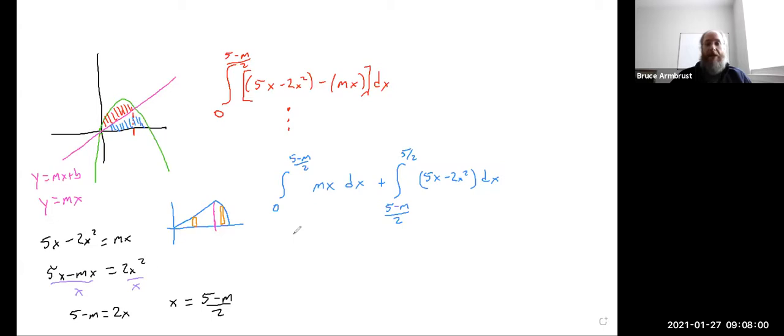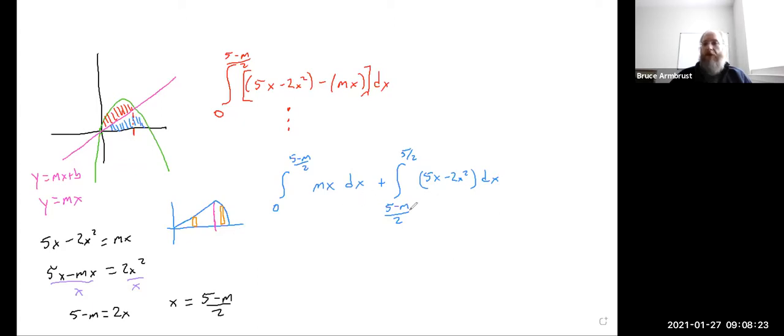So this one kind of sucks. I don't know about kinda. It sucks because we have to split it into two, right? If we set it up this way, the problem is the top function switches somewhere along the way, which makes this a little bit more difficult to do.